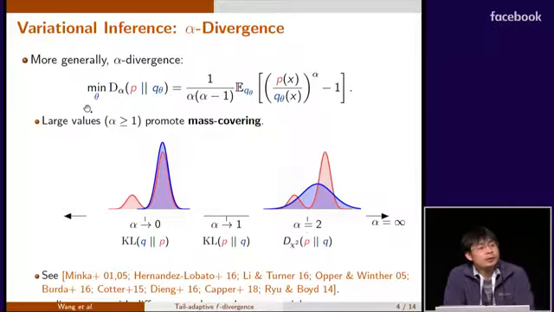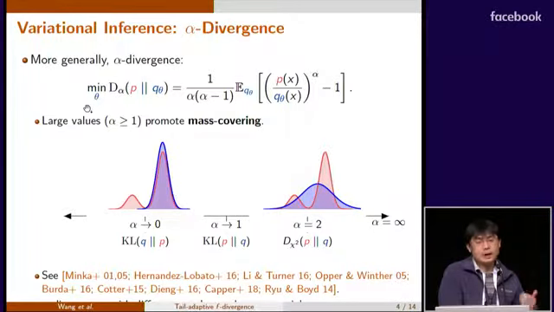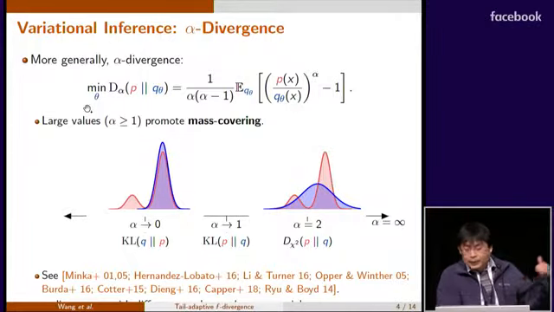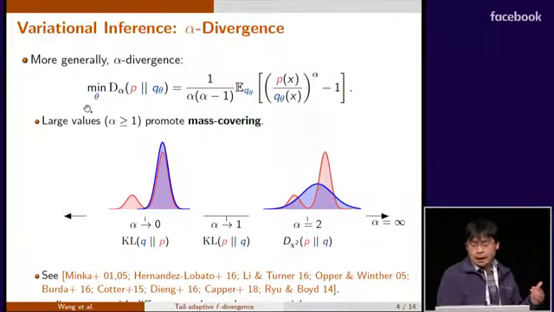One of the motivations to use alpha divergence over KL divergence is that if we use very large values of alpha, it has the nice property of promoting what's called mass covering. What that means is if P is a multimodal distribution, then minimizing alpha divergence with large alpha will promote the Q distribution to cover all the probability density.